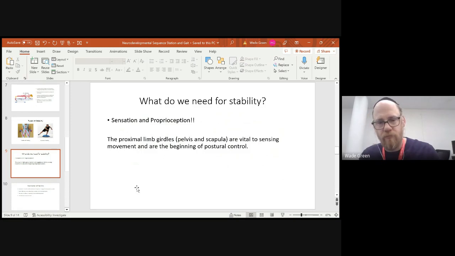Spinothalamic? Oh, close. Spinothalamic is sensation, so it's hot and cold. But remember, the medial lemniscal system is our proprioception. Very close, Bennett, nice effort. That was good. So the medial lemniscal system.